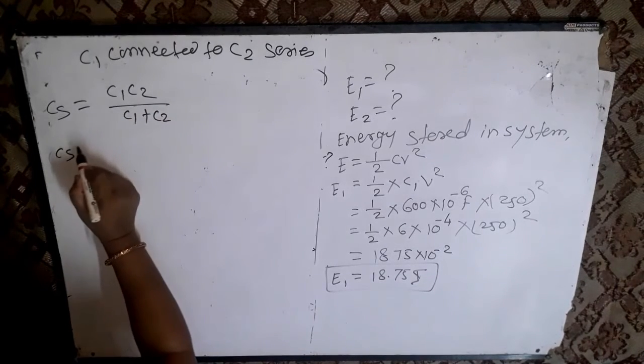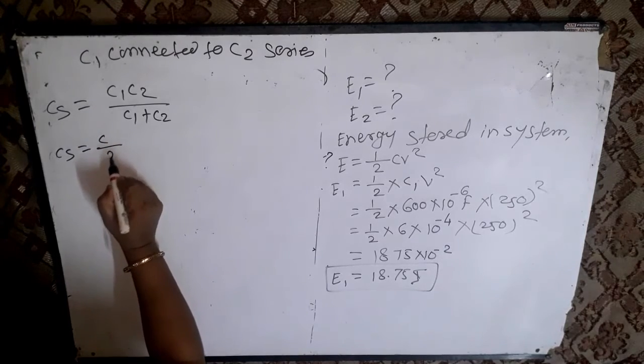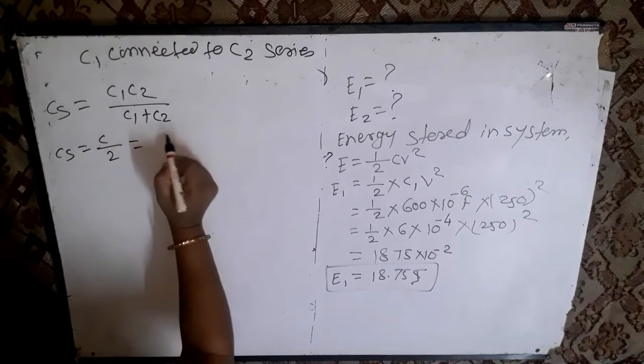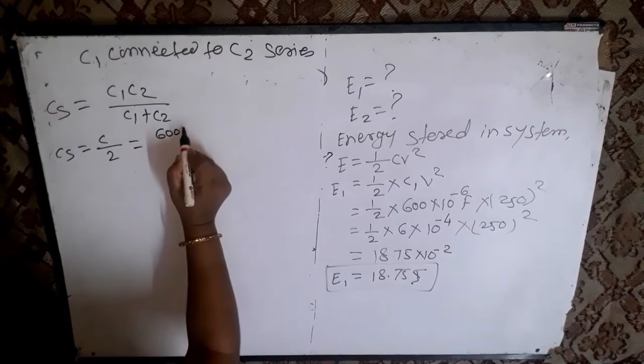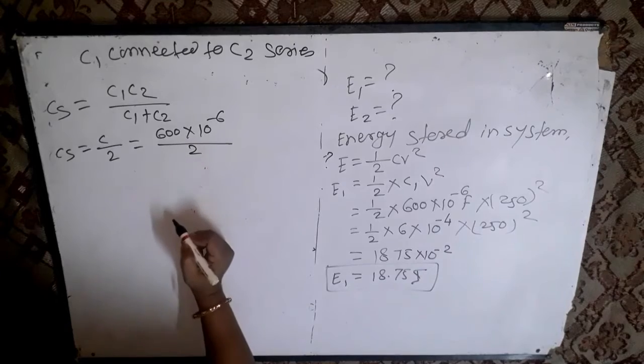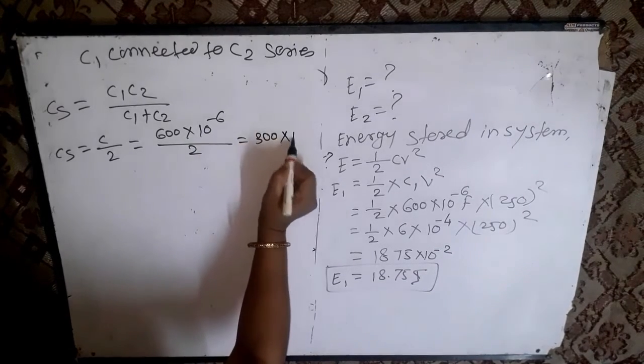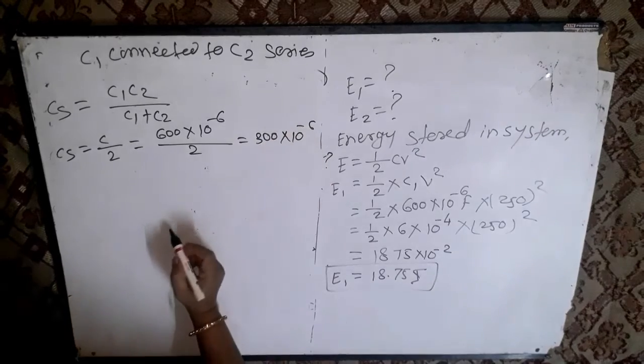Then CS is equal to C by 2, which is 600 into 10 raised to power minus 6 divided by 2, that is 300 into 10 raised to power minus 6.